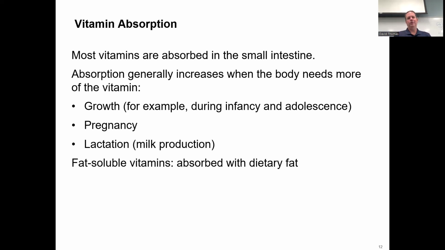And so you're going to need some vitamins in higher quantities there. Pregnancy, lactation, other examples of when the body's putting more demand on some of its resources. Okay. And we already mentioned that the fat-soluble vitamins A, D, E, and K get absorbed into our dietary fat and can be stored there pretty easily.